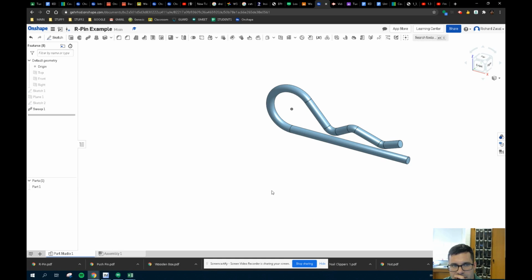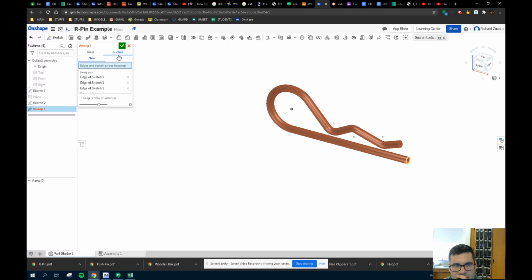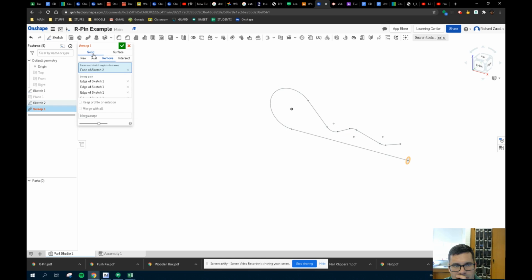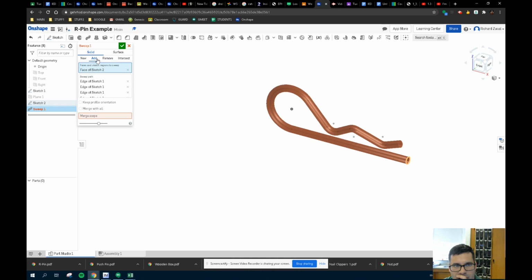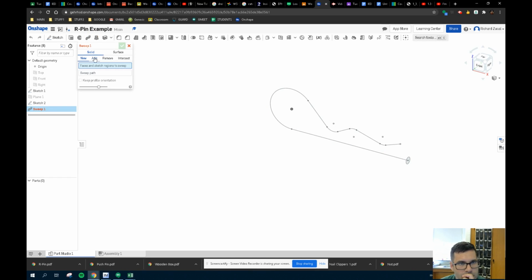I thought making them tangent would make it so it's not in sections like that. Sweep.